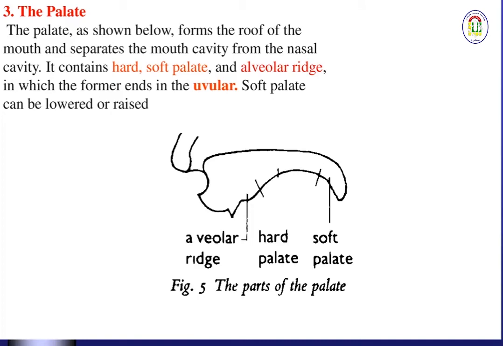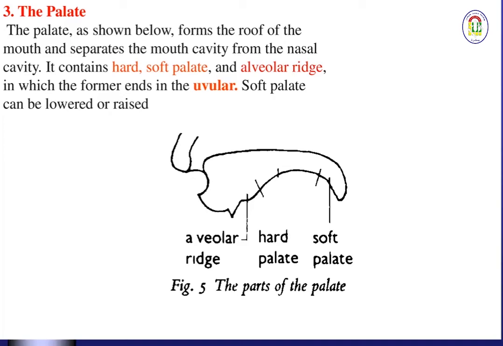The palate. The palate forms the roof of the mouth and separates the mouth cavity from the nasal cavity. It contains the alveolar ridge behind the upper front teeth. We can produce alveolar sounds like t, d, s, z, n, l, and r. The hard palate in the middle with different ridges.